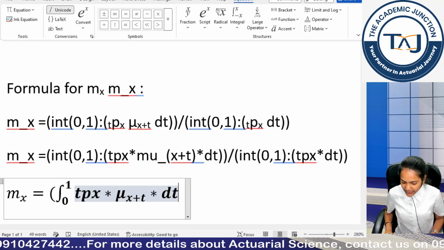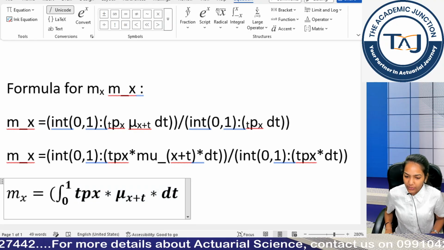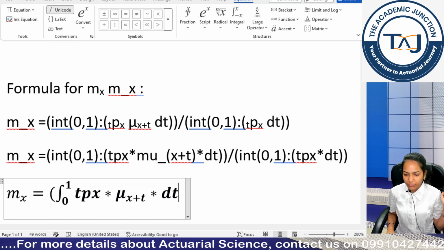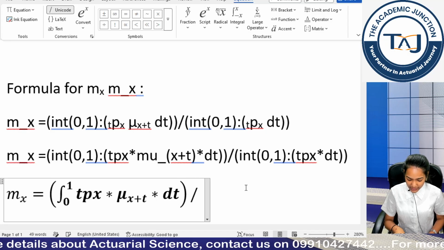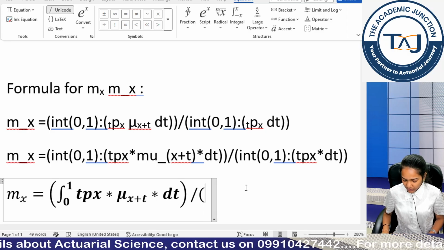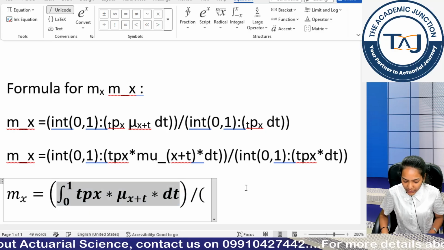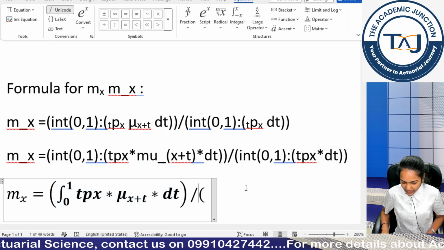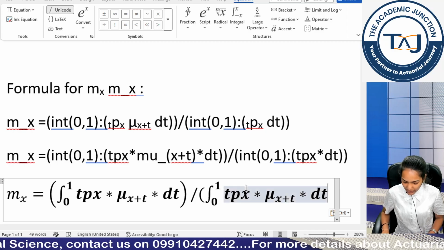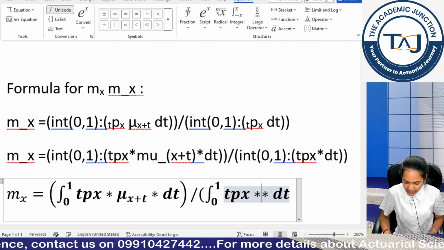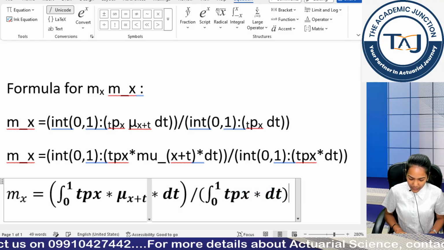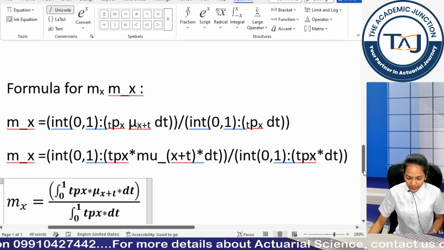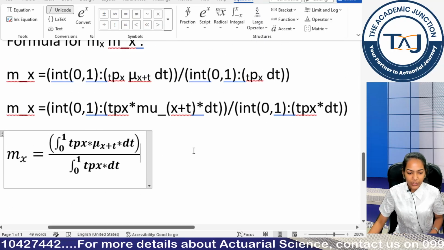I want to escape this integral, so I use my forward arrow key as we did in sum or product in the first class. So brackets closed, then this fraction. So what I can do is type the whole thing again, or I can just copy paste it and remove the terms I don't want. I don't want mu x plus t in this basically, so yes. Are you guys able to see how we converted this equation?